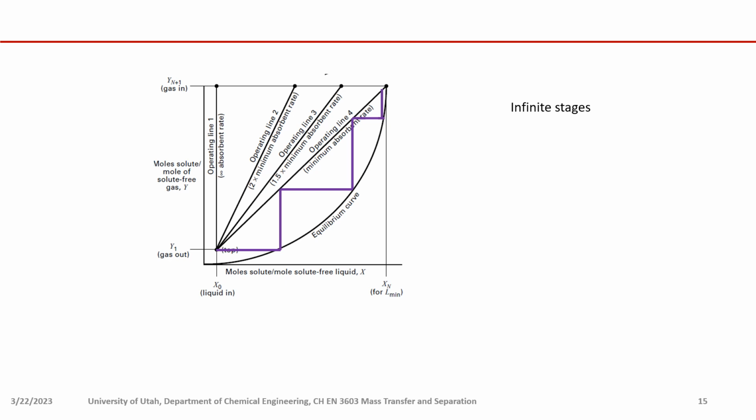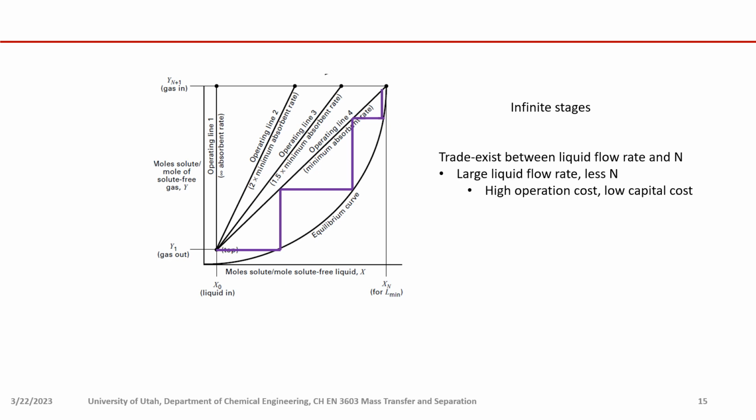Then you have to increase your number of stages to give it enough time for this mass transfer to happen, okay? Whereas if you operate at a higher flow rate, then you have plenty of capability in your liquid absorbent to dissolve your solute. Then you only need a limited number of stages to achieve the desired separation outcome. Okay. So that is to say, there is a trade-off between liquid flow rate and the number of stages, right?